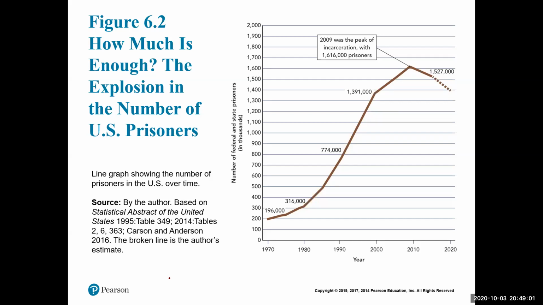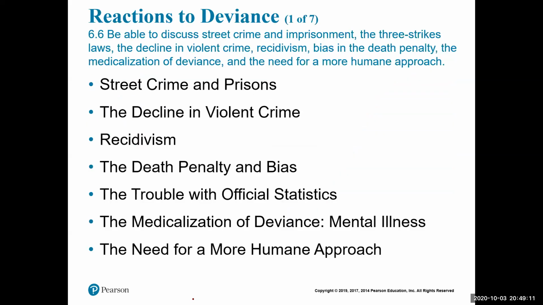How do we justify it? Why do we have so many prisoners in prison, basically, right? There was a law that was in place at one point in time. We're getting to that, right?